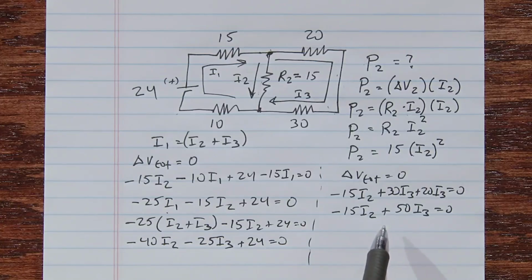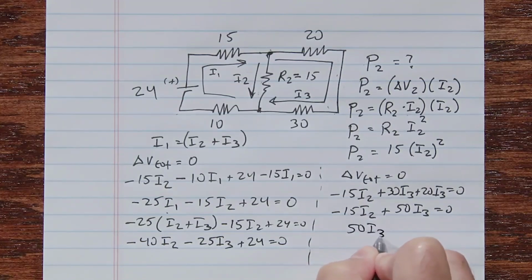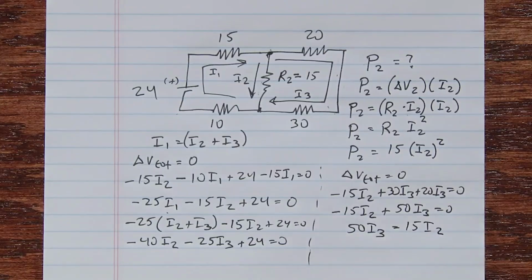And now I'm going to come back over here, and I am going to add 15 I2 to both sides, so that I have 50 I3 is equal to 15 I2. And that tells me that I3, if I divide by 50, is equal to 15 over 50 times I2.